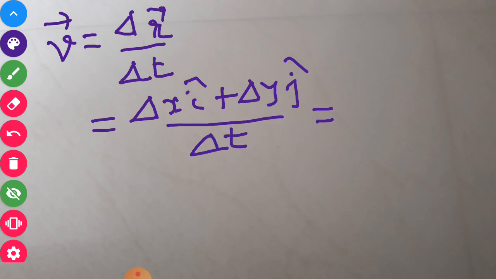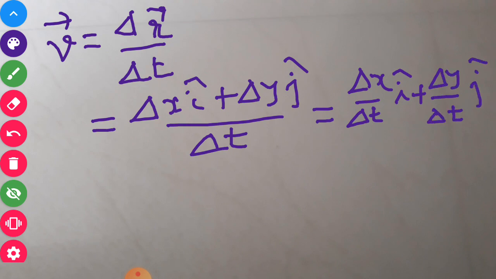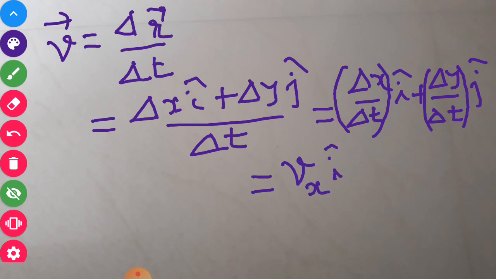So you can easily write delta x upon delta t i cap plus delta y upon delta t j cap. Delta x upon delta t is the change in x coordinate divided by the time interval, and delta y upon delta t is the change in y coordinate divided by the time interval. So we can write this as vx i cap plus vy j cap.